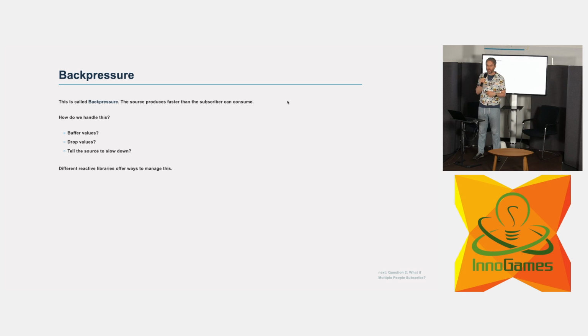In the future slides, we will also talk about back pressure, so I introduce the word here. Back pressure is a source that produces values faster than the subscriber can consume, and there's no unified answer to back pressure. Different reactive libraries offer ways to manage this.